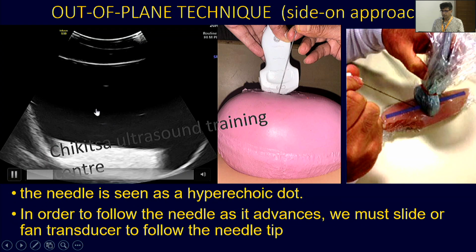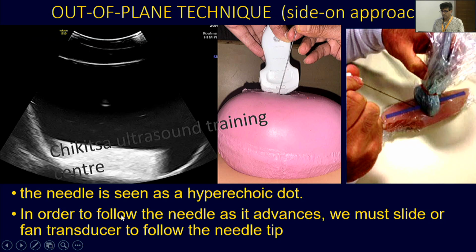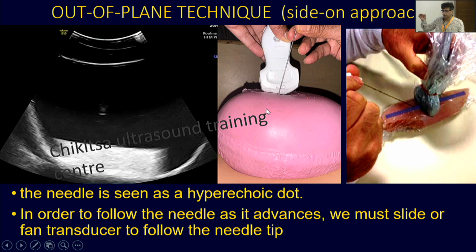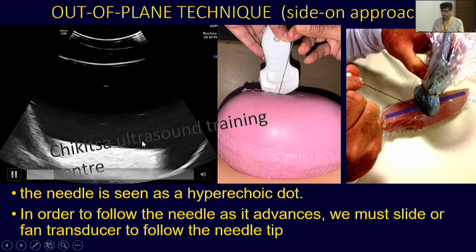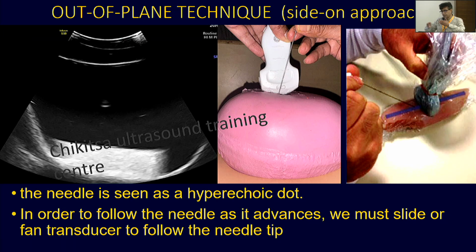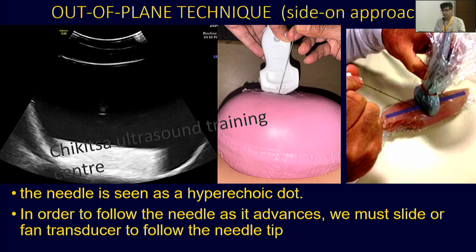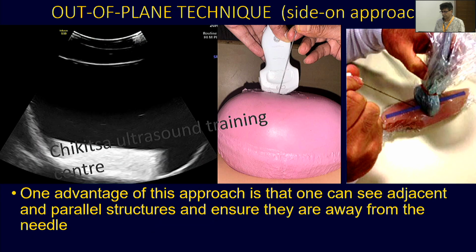Now the needle here is seen as a hyperechoic dot, and normally if you have inserted the needle properly, you will be able to see the needle tip. But if you lose the needle tip, you might have to move your probe position a little bit to identify the needle tip again.